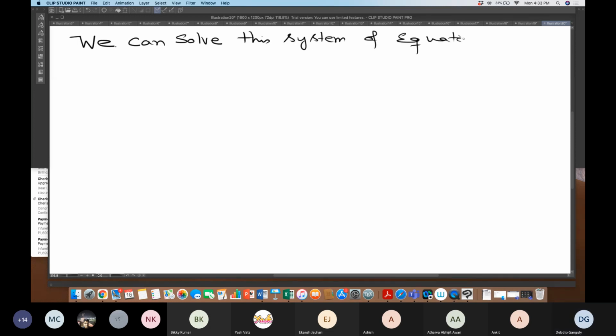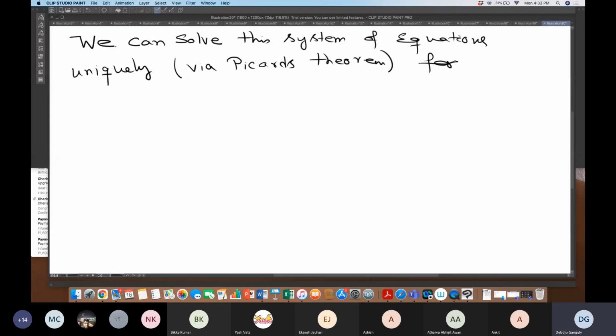So this is an ODE, you can see. That is why I say Picard's theorem. We can solve this system of equations uniquely via Picard's theorem for all small t, not all t.